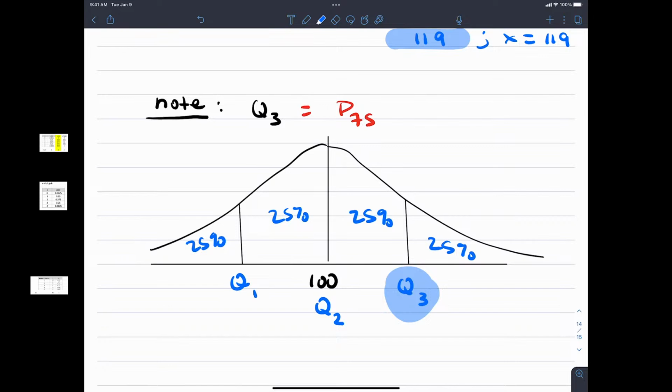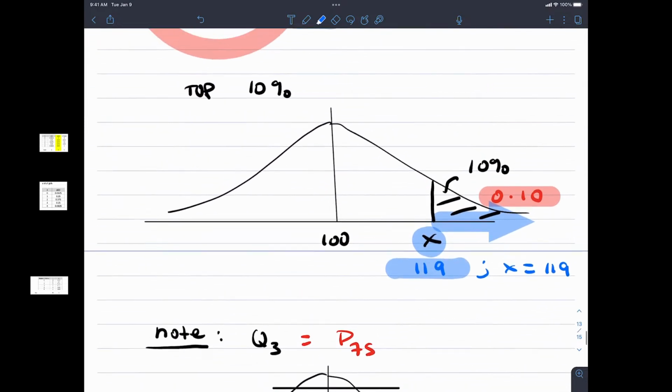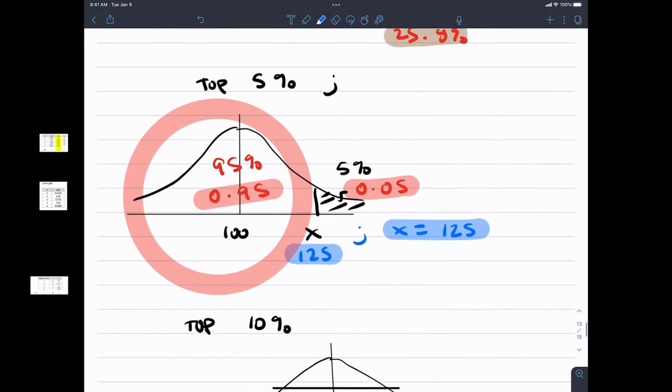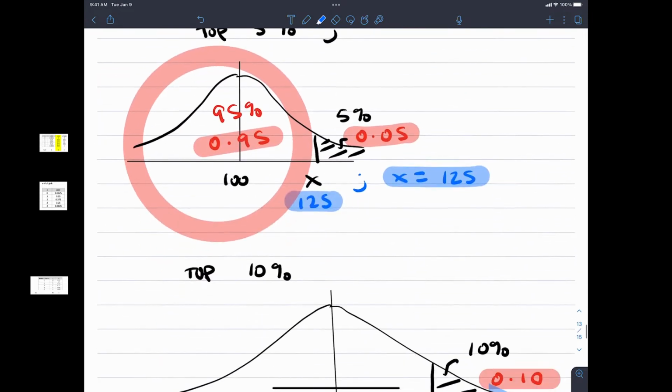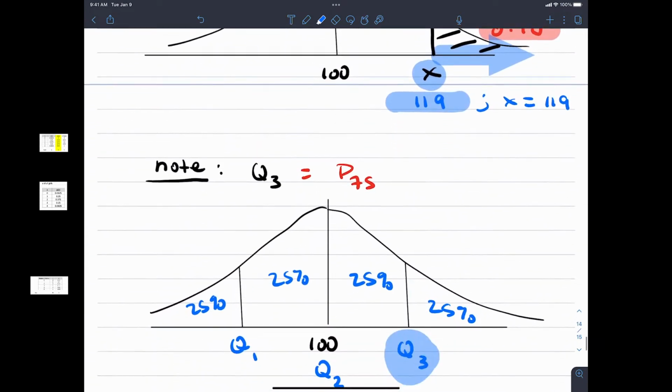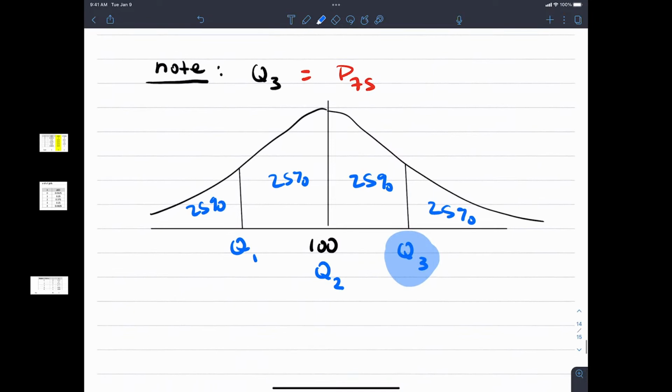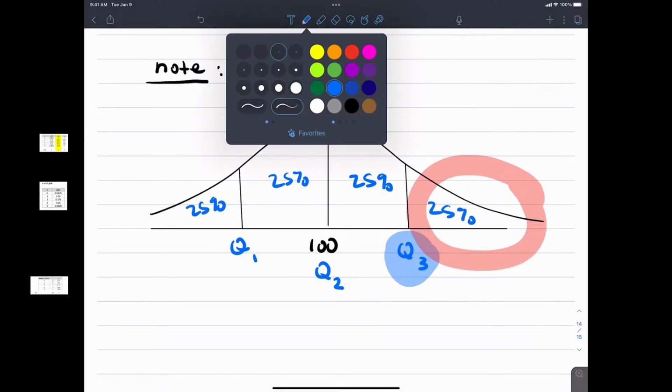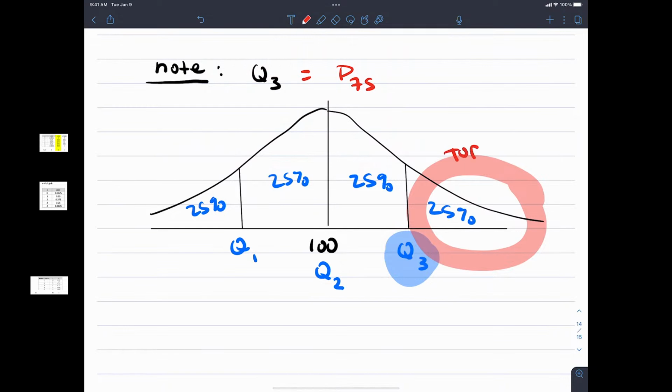How would you begin to answer this kind of question? We've been going over top. So what would this be? Is it 75? What do we think? This is 25. Yes, this will be the top 25%.